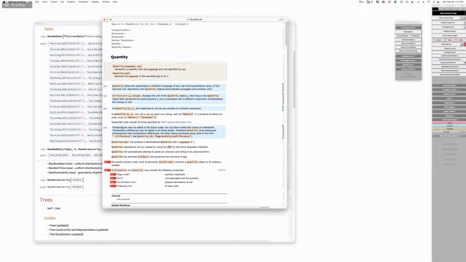Well, it's rather ponderously written. I mean, I would say I didn't understand this. It should say temperatures in kelvins can be added together, but not in other scales.